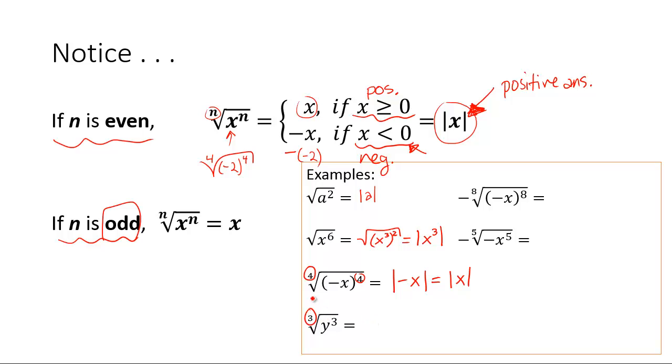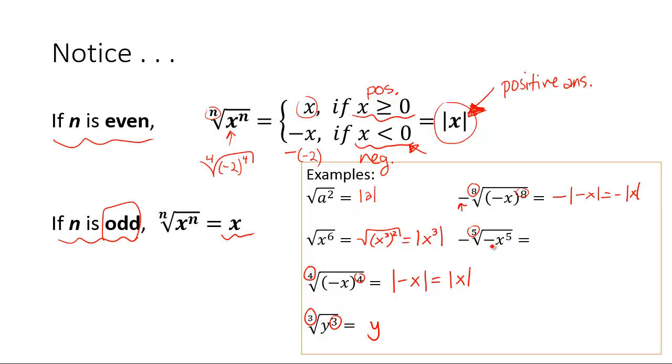Now, because it's a cubed, we don't need to have an absolute value because it's an odd exponent that we're dealing with here, so it's just going to be equal to y. Here's another even exponent. This negative is up front, so it stays negative, and then what's happening is now we're taking the 8th power and the 8th root, leaving us with absolute value of negative x, which is the same as negative absolute value of x.